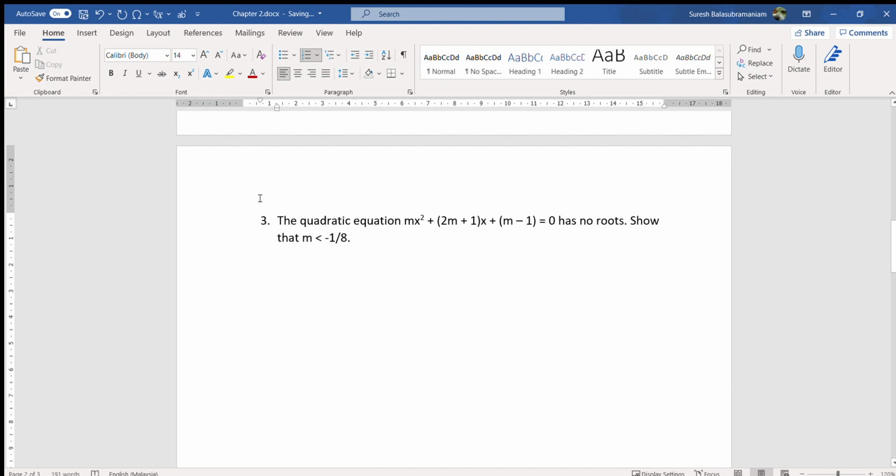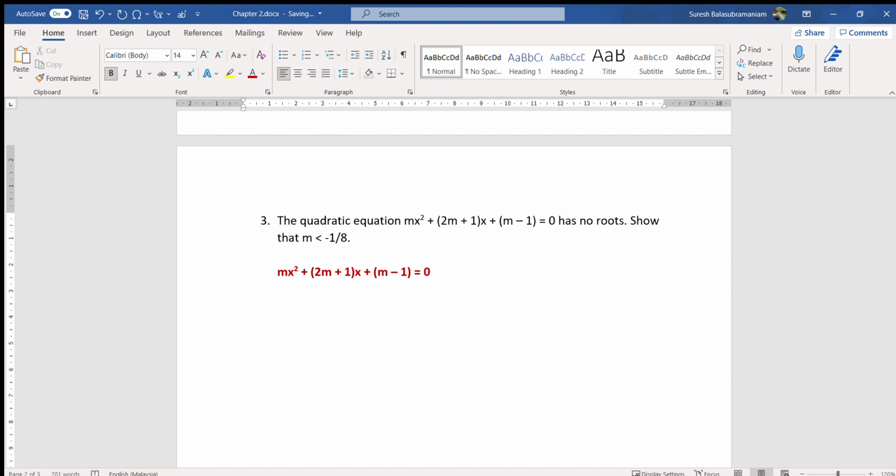The quadratic equation mx square plus (2m plus 1) x plus (m minus 1) equals 0 has no roots. Show that m is less than negative 1 over 8. Okay, so we'll copy and paste the equation. Just change the font color and make it bigger so easier to see.